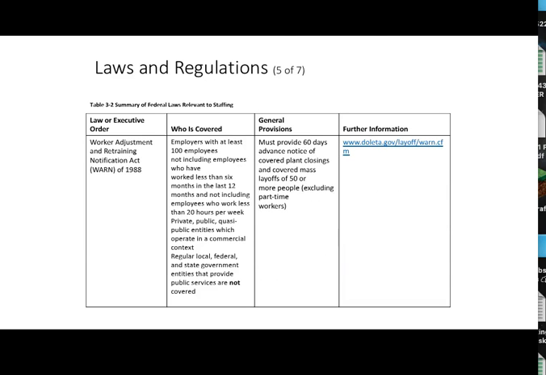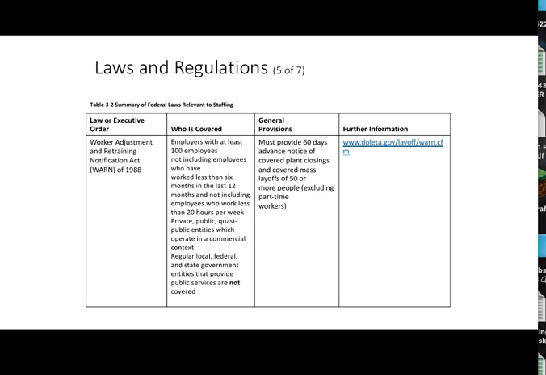Here on page 5 we have the WARN Act. With the WARN Act, employers that have at least 100 employees who have worked 6 months or more in the last 12 months and who have worked more than 20 hours per week are obligated to give 60 days advance notice of a plant closing or a layoff of 50 or more employees.